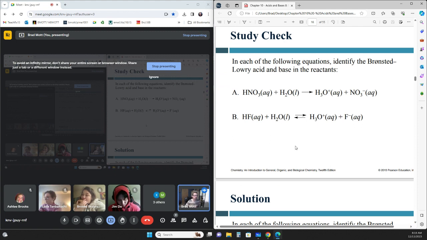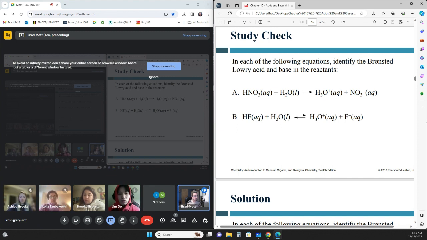Okay, so you tell me, we're going to look at these two chemical equations. Let's do a little on-the-fly review here. First of all, are they balanced? And second of all, which one is the Bronsted-Lowry acid and base on the left-hand side?